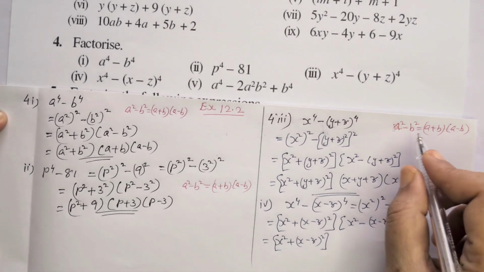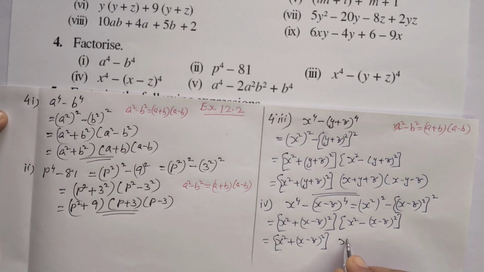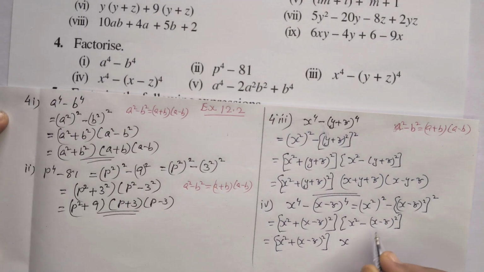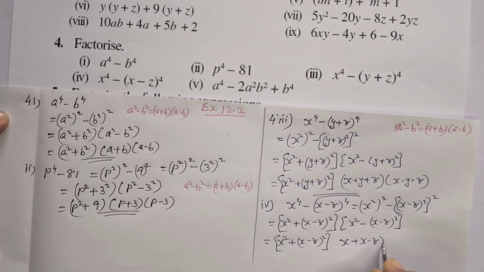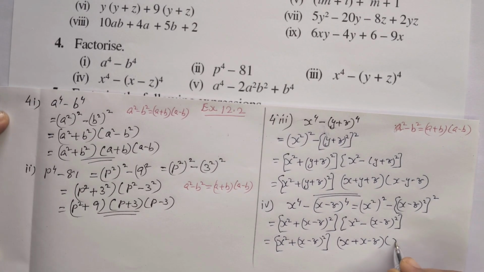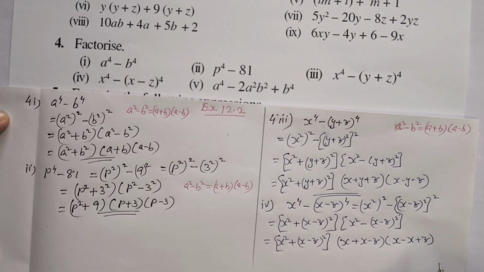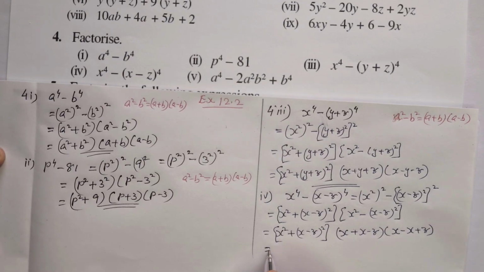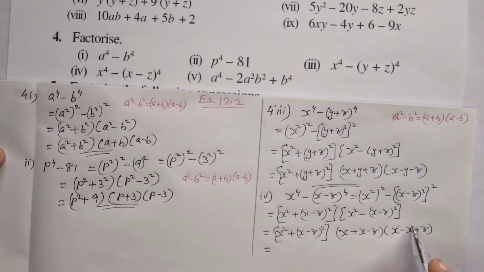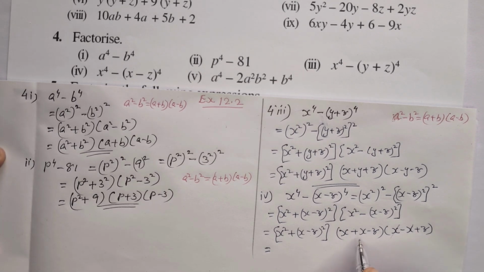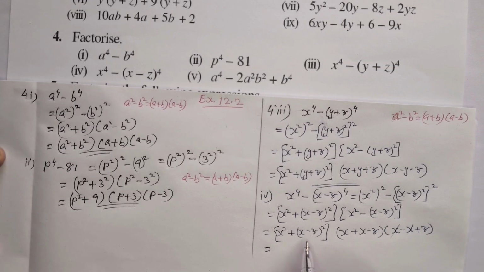Then a minus b, a square minus b square, apply once more, it will come x plus second term, first term plus second term, x minus z, and here x minus second term, x minus of minus, it will come plus z, which is equal to, so here we can simplify inside the bracket, x and minus x will cancel, and here we are getting z, here 2x, and this we can open the bracket and x square we can cancel it.